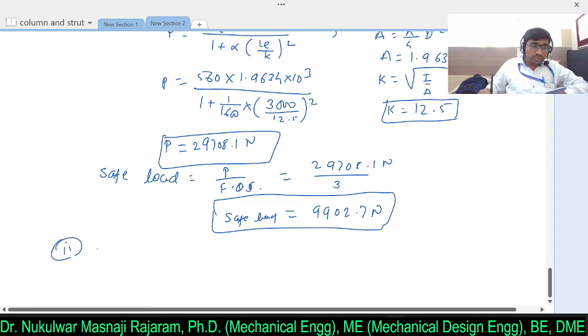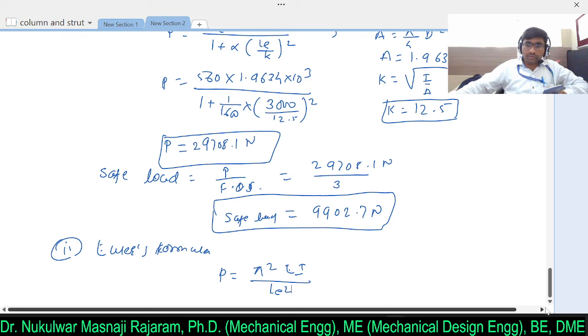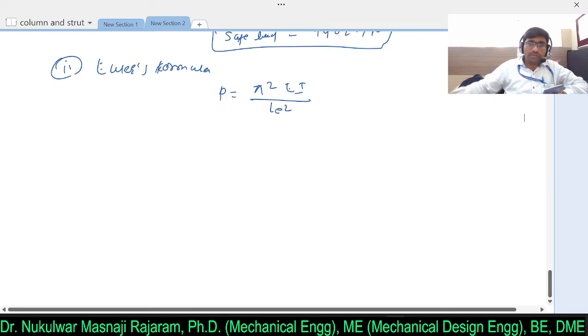Now I will use Euler's formula. We already know that it is pi square EI divided by LE square. So you just need to put all the values, as we know all of them.